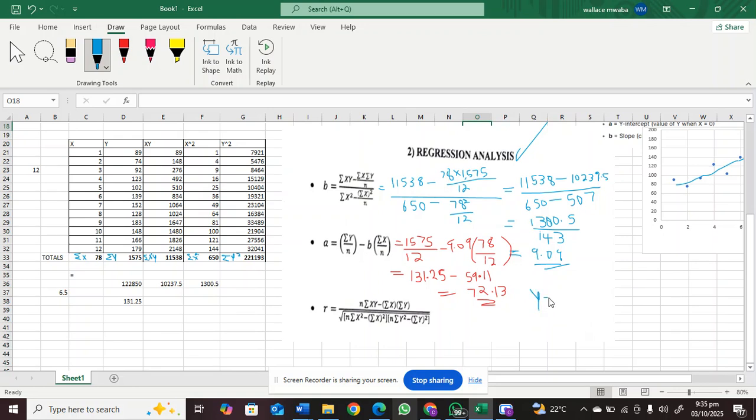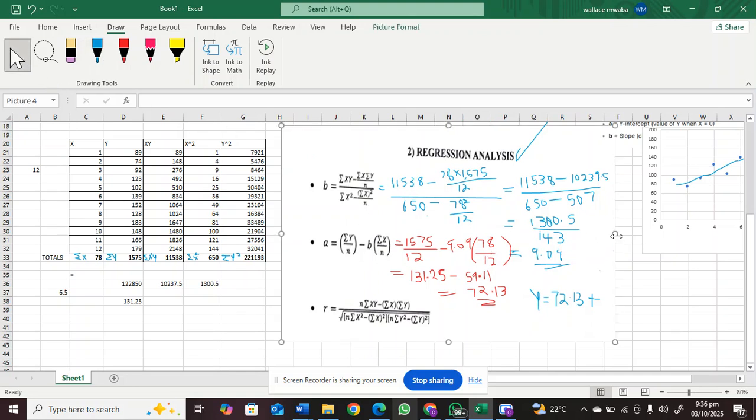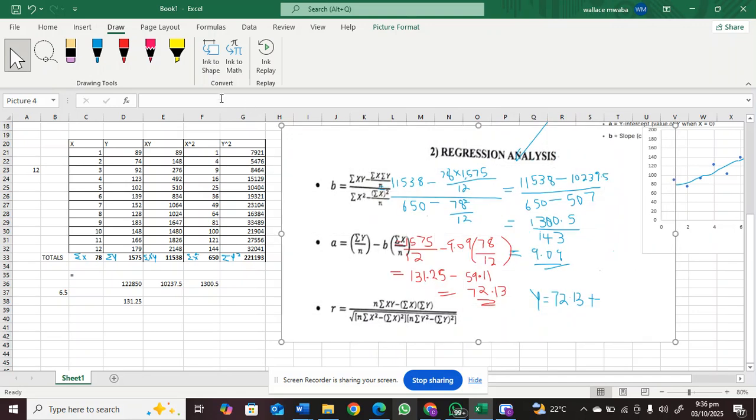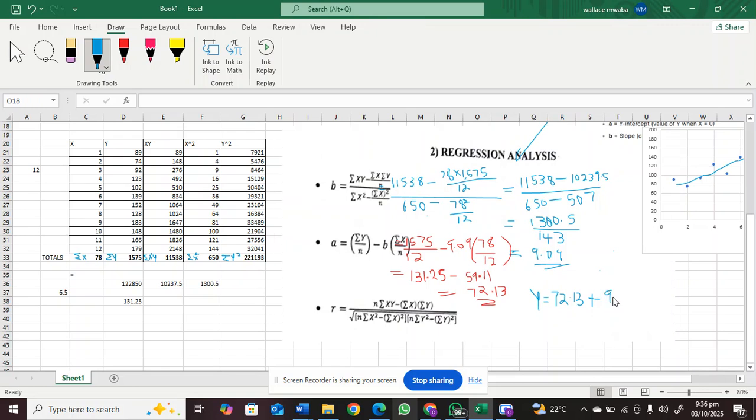Y equals A, 72.13, plus B, which is 9.09, x.